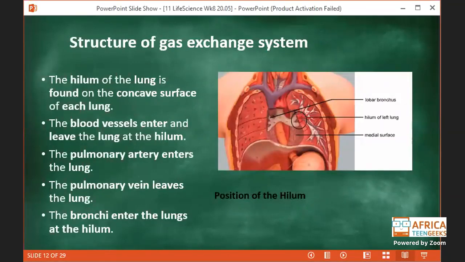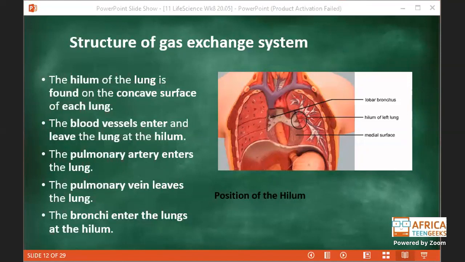Then we have what we call the hilum of the lung, which is found on the concave surface of each lung. The blood vessels enter and leave the lung at the hilum. This is a very important point to note: the pulmonary artery enters the lung, and the pulmonary veins leave the lung, and the bronchi also enter the lung at the hilum.